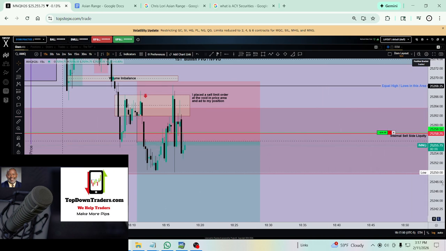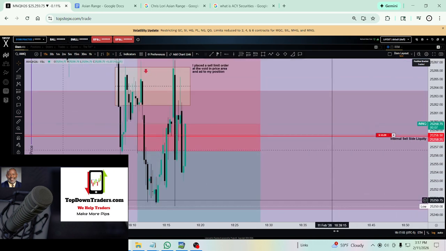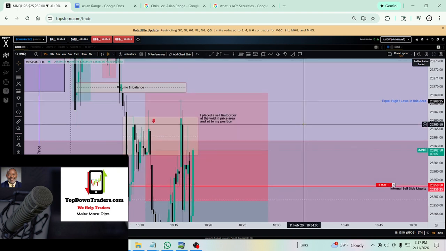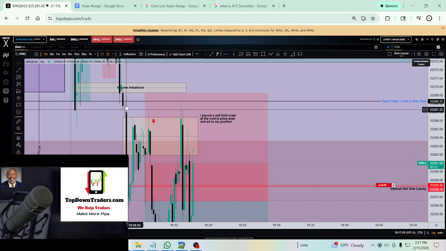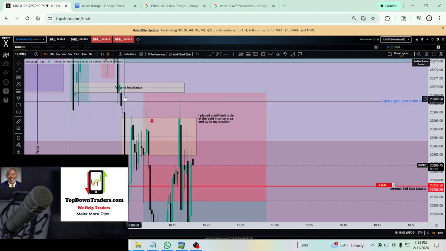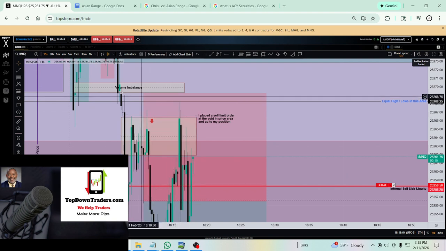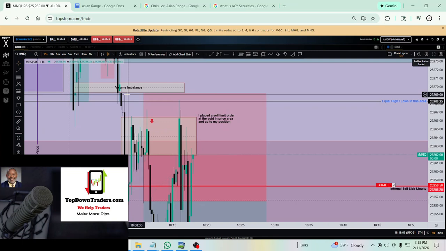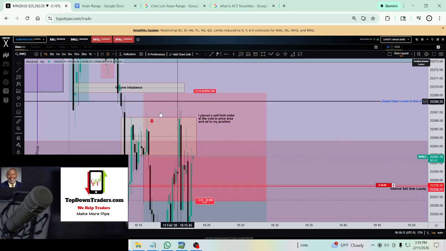I'm just going to point out some other details here, because if you're new to trading, it's important for you to know these wick areas. They're not the same equal high, but they're relatively equally high. This one's still valid, but this one took out that one.